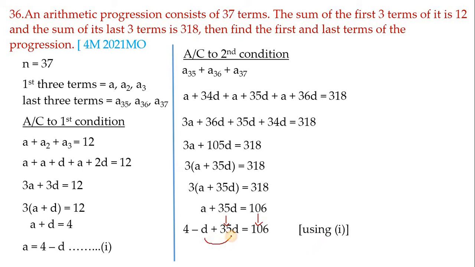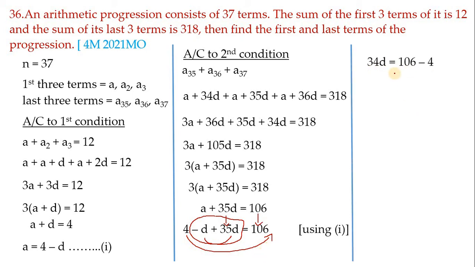Minus D plus 35D gives 34D, because these are like terms, and transferring the 4 to that side it becomes minus 4. So 34D equals 106 minus 4, which is 102. Now transfer the 34 to this side, children.